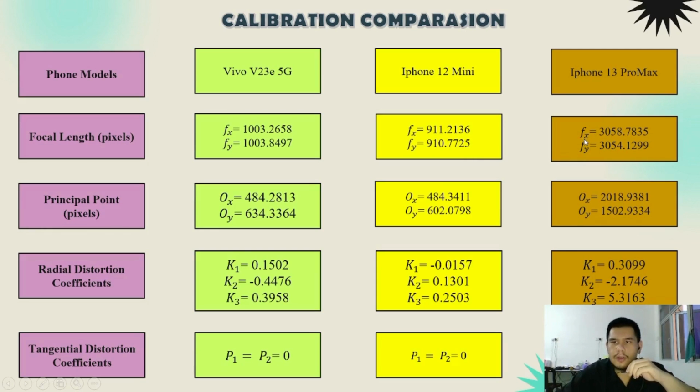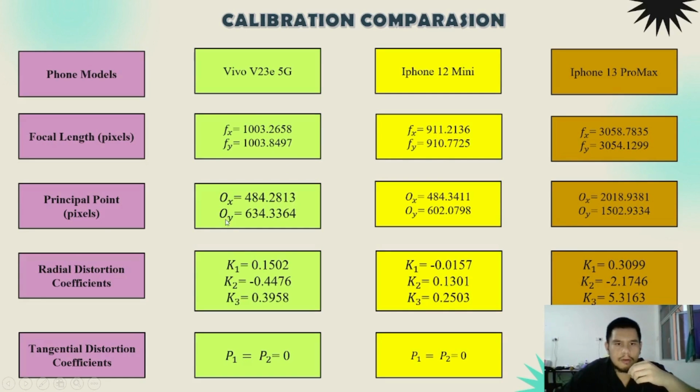For the iPhone 13 Pro Max, fx will be 3058.7835 and fy will be 3054.1299.